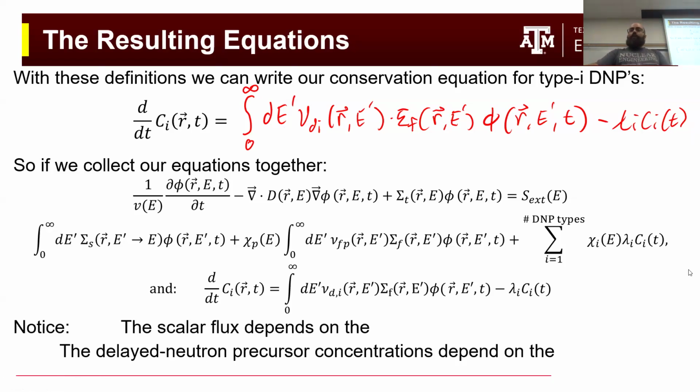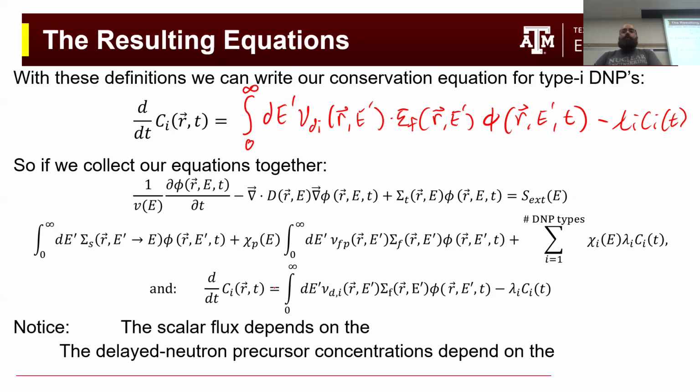So now this is rewriting that original diffusion equation, but we've added in that precursor production term. Or sorry, this is my delayed neutron source term. And now we have an extra equation that tells us about the production of those delayed neutron precursors that appear in my delayed neutron source term. Notice that equation one depends on the flux and it depends on these concentrations.